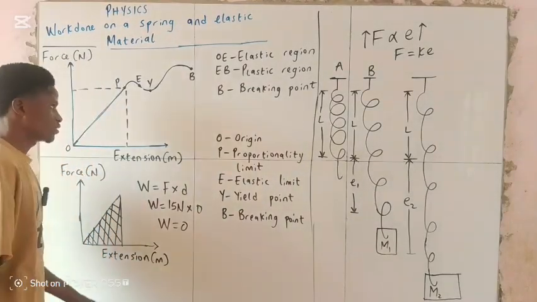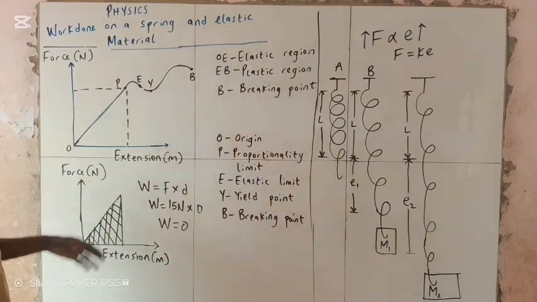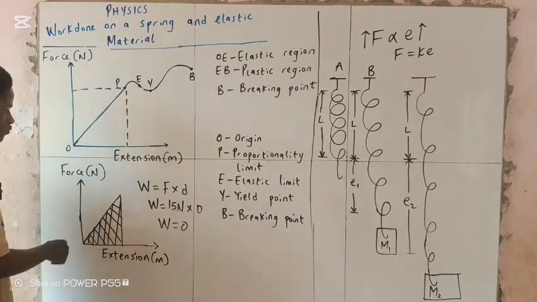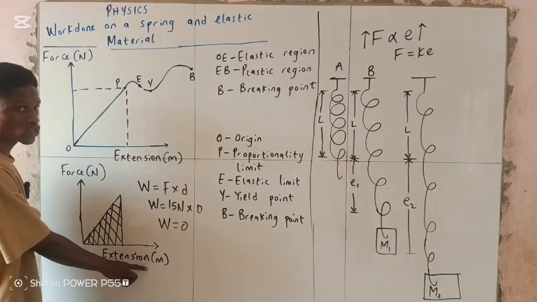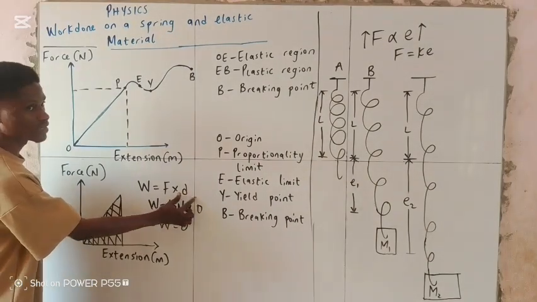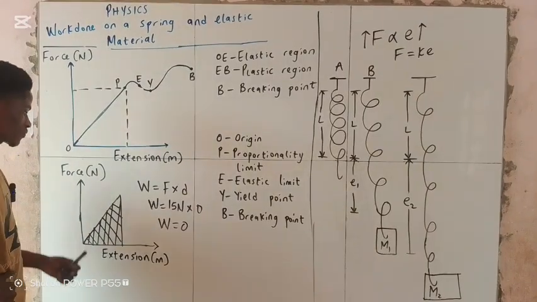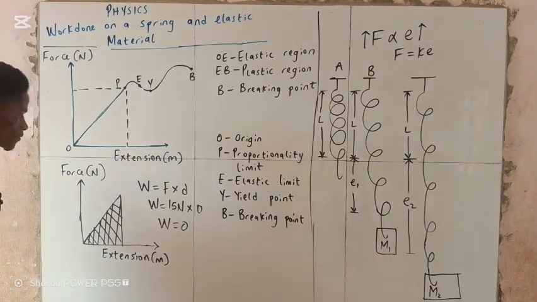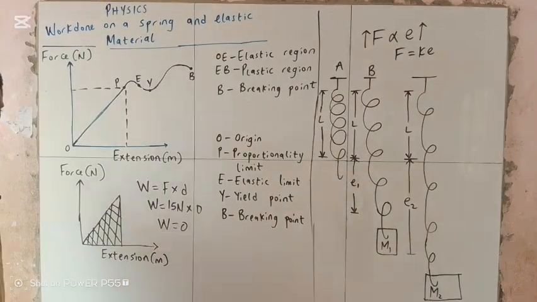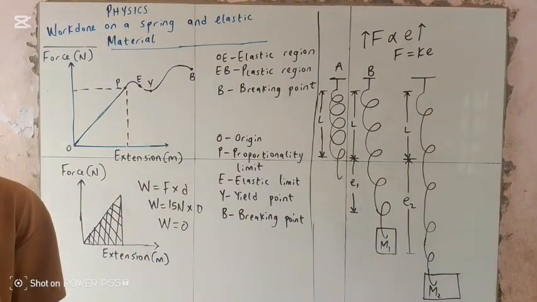So in the case of work done on a spring and elastic material, this is the graph of the force against the extension, against the distance. This is the idea under work done on a spring and elastic material.